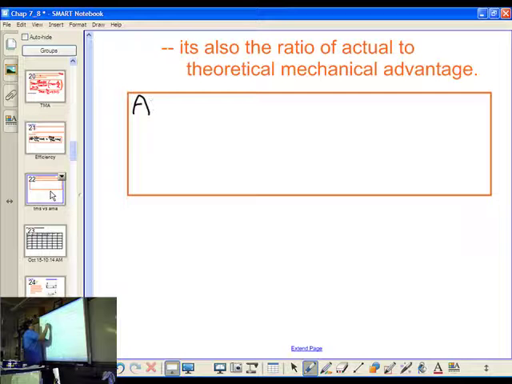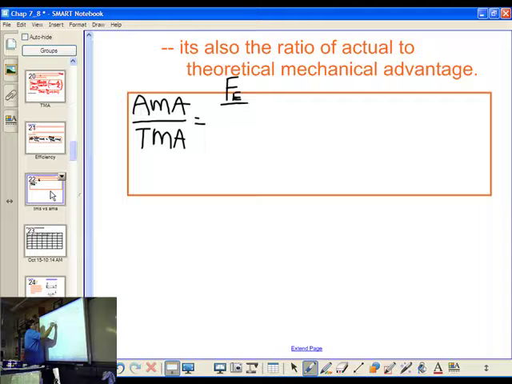Well, first, if we looked at this ratio, AMA to TMA. Well, remember, AMA is the ratio of the load force to the effort force, and TMA is the ratio of the effort distance over the load distance.